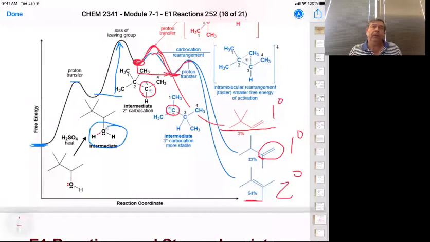So the other thing to think about here is, why are there 3 products? Well, we have to always remember, whenever you form a secondary carbocation, it's possible to do a 1,2 hydrogen shift or a 1,2 methyl shift.